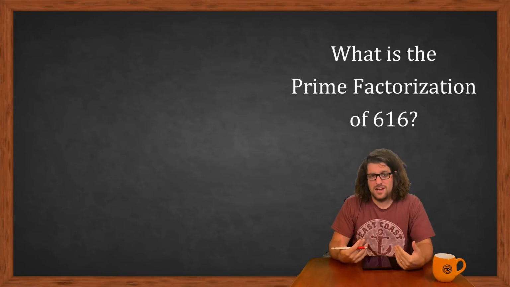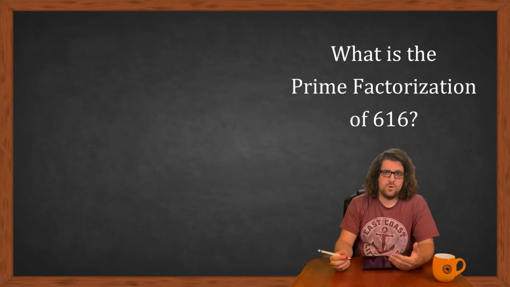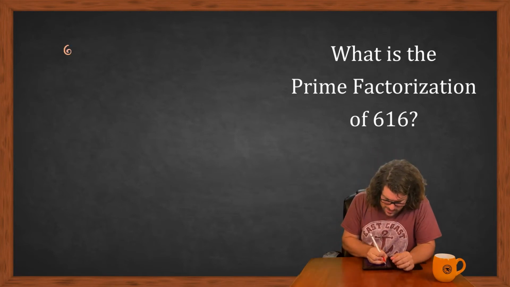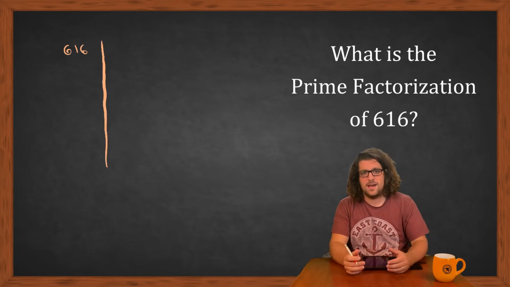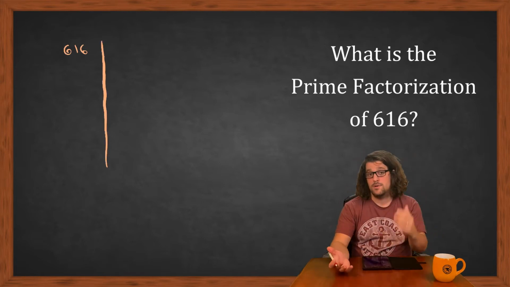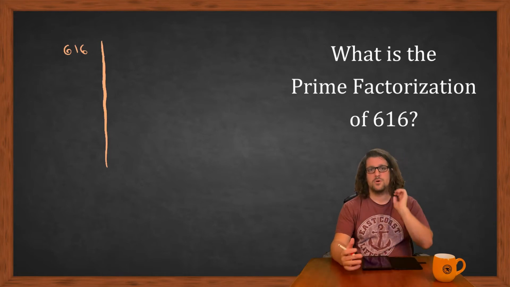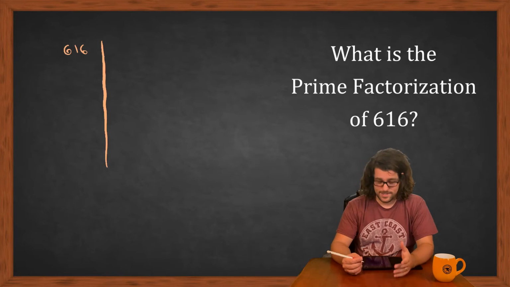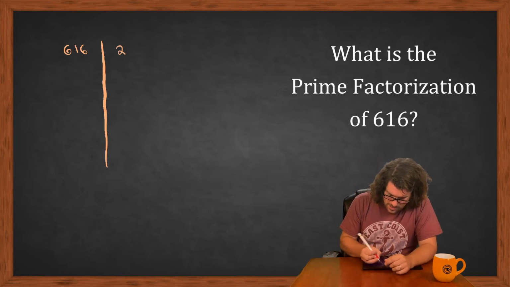So again, I'm going to lay it out the first time the way that I like to do it, and then I'm going to do it with a tree as well. So if I take the number 616, beside it I am just going to write down prime numbers that go into it. And so we're going to be factoring out this 616 one number at a time. So first thing, it's even.